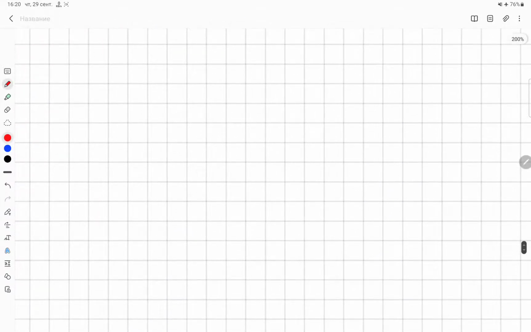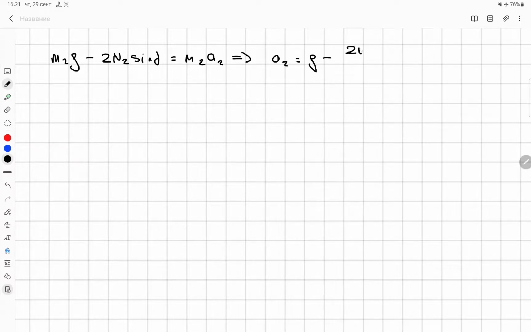Now we need to solve it. Let me copy here all my 3 equations. Equation number 1: m2 g minus 2 n2 sine alpha equals m2 a2. From here, a2 equals g minus 2 n2 sine alpha over m2.